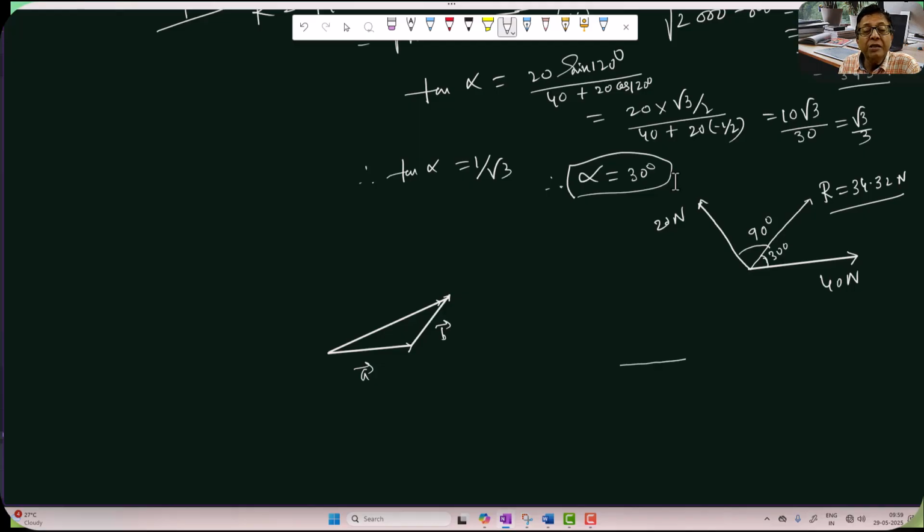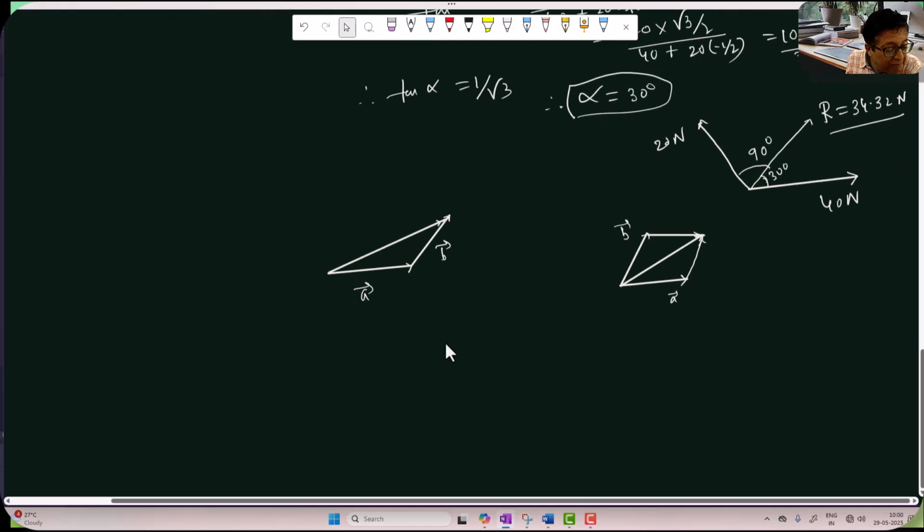But if there are two vectors starting from the same origin, this is A vector and this one B vector, then you go by parallelogram law of addition of two vectors. Okay? This is the resultant of two vectors A and B. Formula already I have given. Clear?